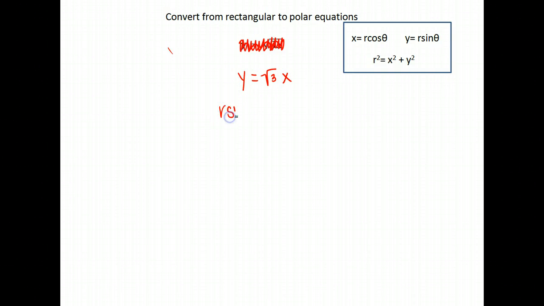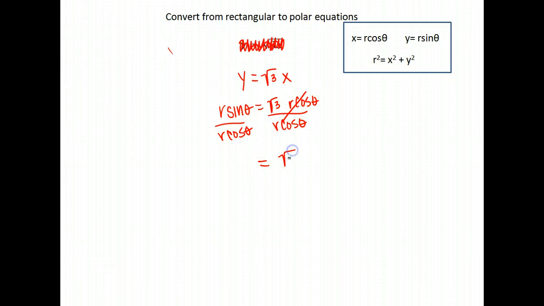If we do, we get r sine theta equals the square root of 3 times r cosine theta. Now that doesn't look very nice. I have r's here and here. So let's get our r's on the same side. I have the square root of 3 times r cosine theta. So I'm going to divide by r cosine theta on both sides to move that over.